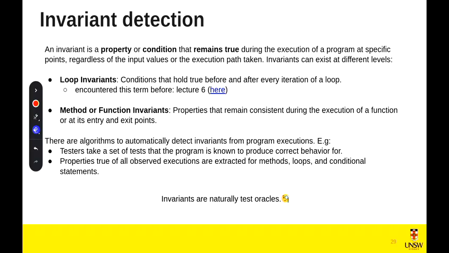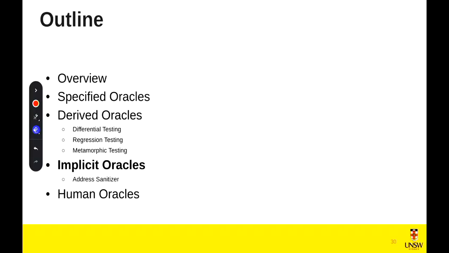So that's why we care about invariants, and these invariants could be derived automatically. And the algorithms for deriving invariants could be very complex, so we don't cover them here. But you just need to know that, okay, invariants are another source for test oracles, and they could be automatically derived. So that's all about derived oracles.